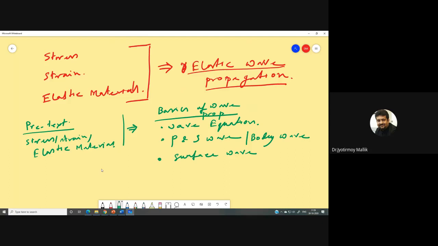Okay, so we will form up some basics about wave propagation, and that will lead us essentially to earthquake seismology. Okay, where we will see how P waves, S waves, and everything propagate when there is an earthquake, how to detect an earthquake, how the magnitude of the earthquake is defined, and everything.